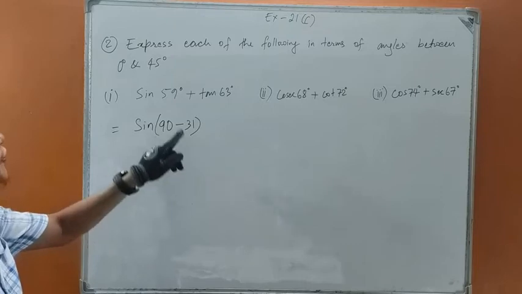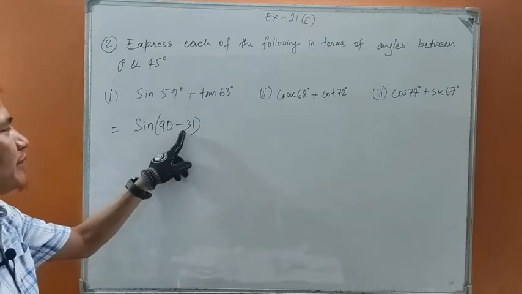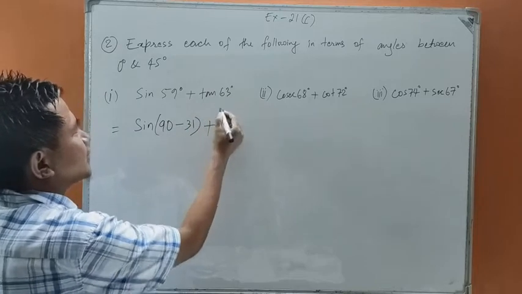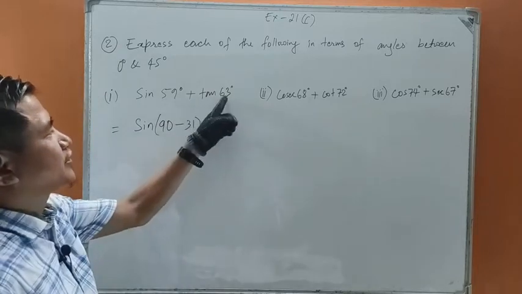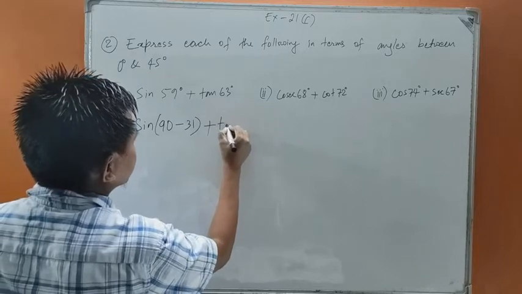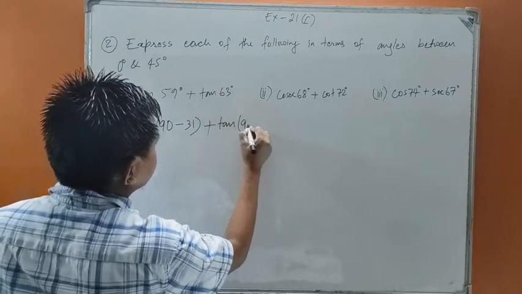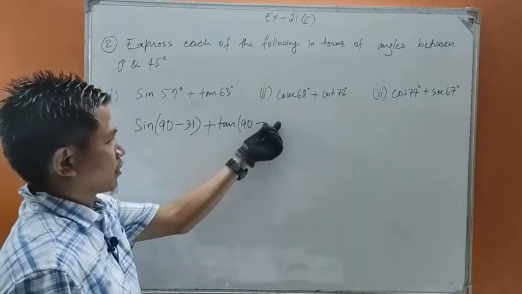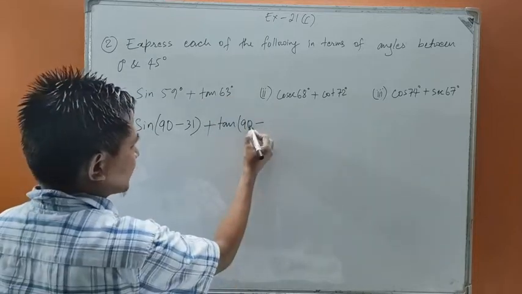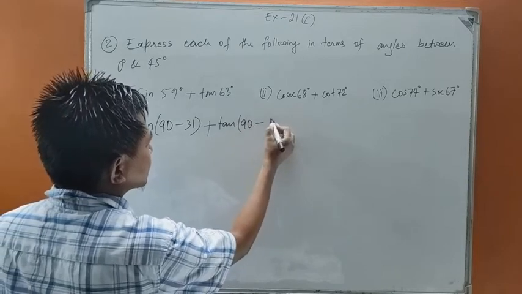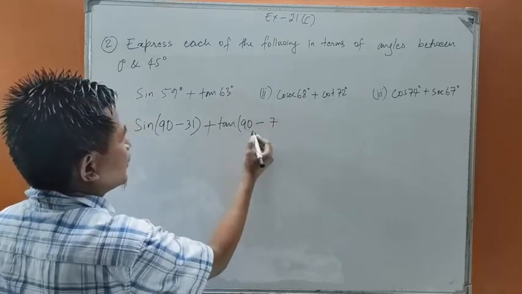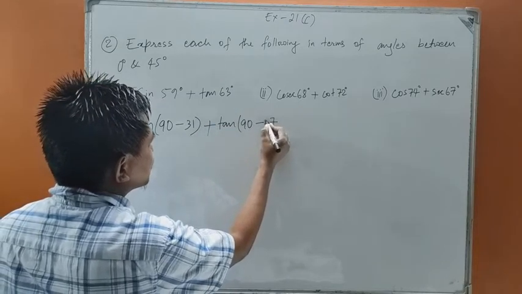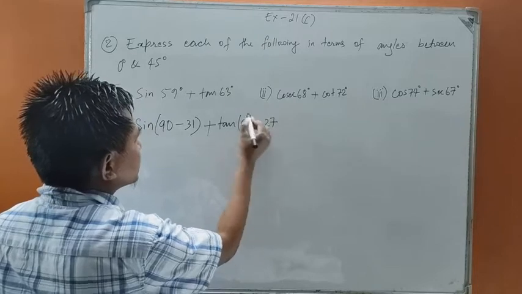So instead of 59 degrees I can write 90 minus 31, plus tan 63 degrees. Tan 63 can be written as tan of 90 minus something. 10 minus 7 gives 3, so this becomes 8, and 8 minus 2 is 6.